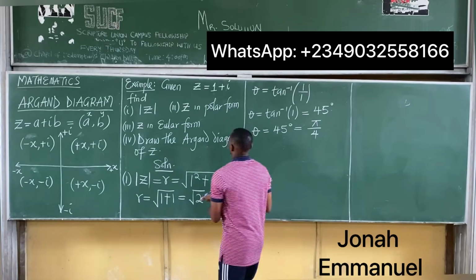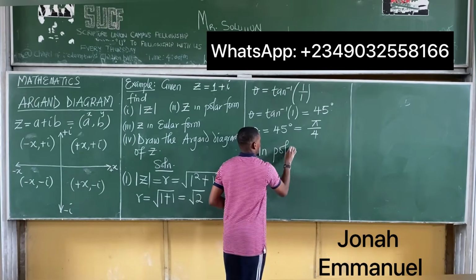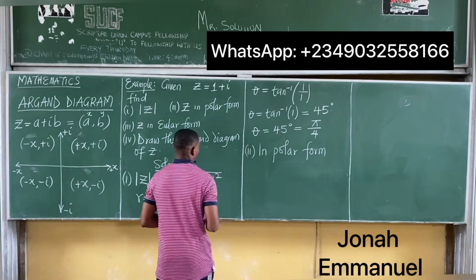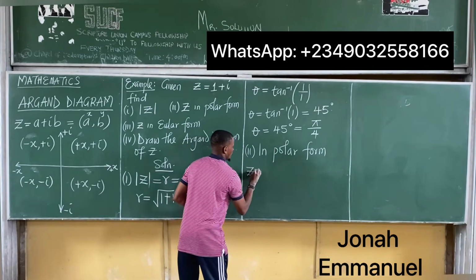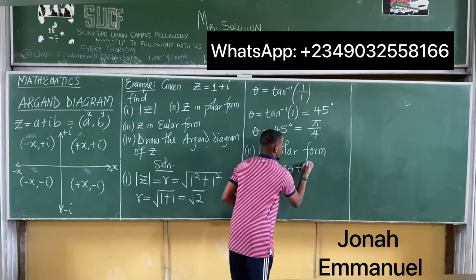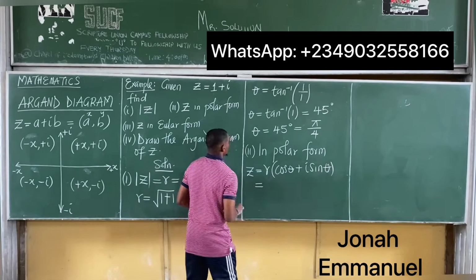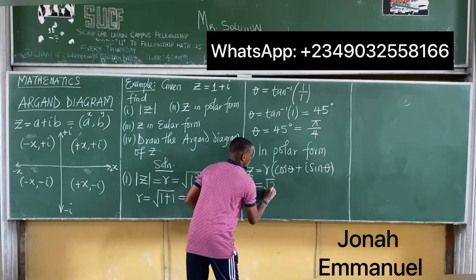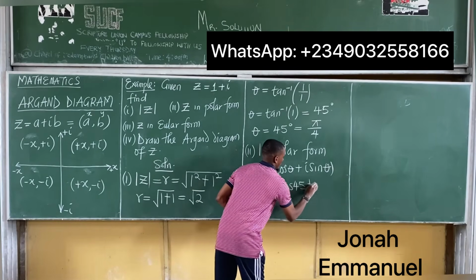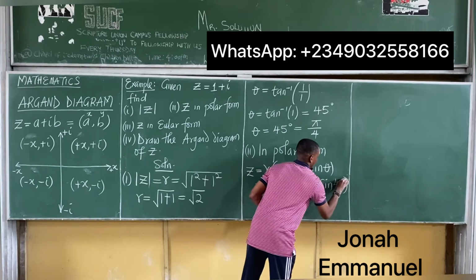So therefore, II, in polar form, we said z is equal to r into cos theta plus i sine theta. So that means z is equal to, r is root 2, so root 2 into cos 45 plus i sine 45 degrees.